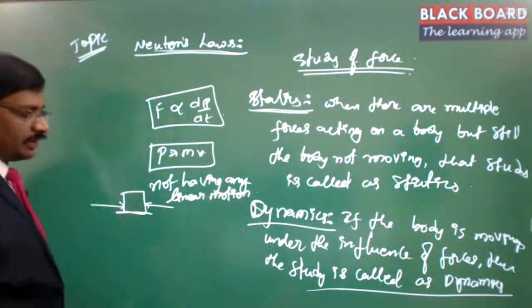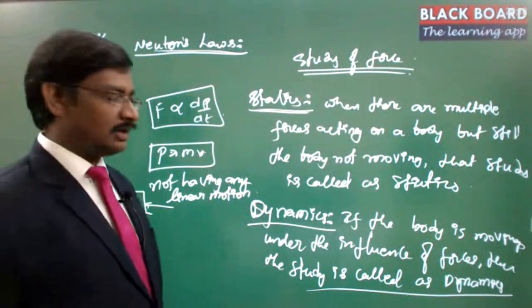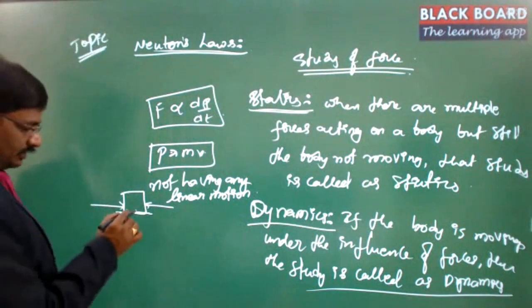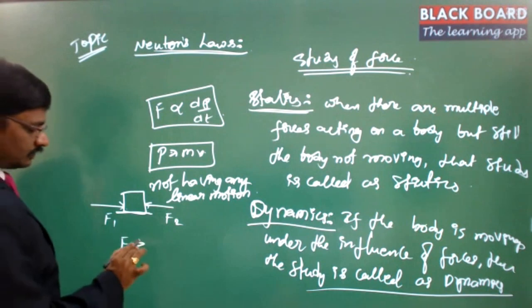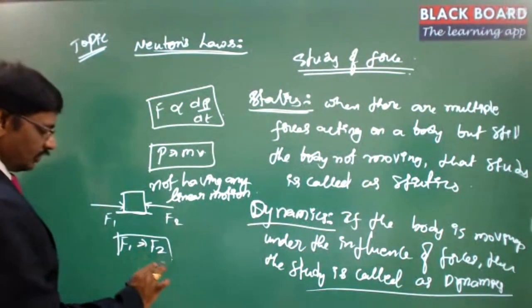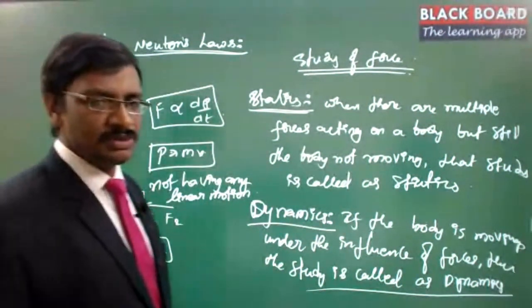Then we can say it is linearly stable, or linearly static. If this is F2 and this is F1, and F1 is equal to F2, then the body is not moving. This is the simplest case.